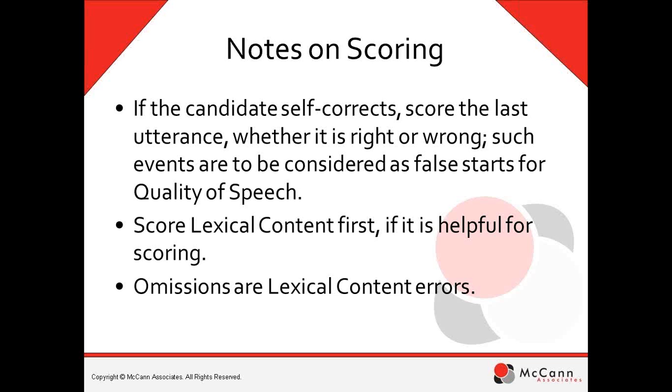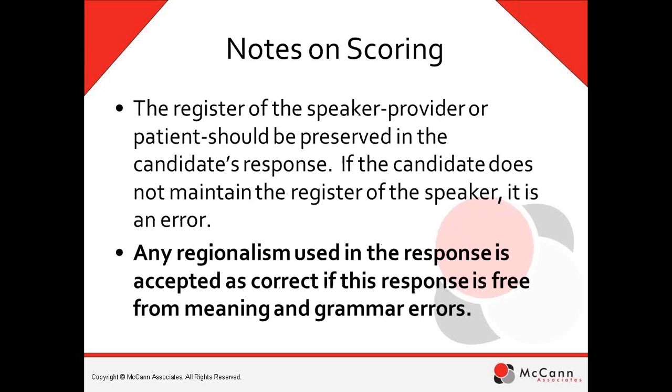Events of this nature should be considered as a false start when rating for the quality of speech domain. If you find it helpful to do so, score the lexical content domain first. And finally, please keep in mind that omissions should be scored against the lexical content domain. Omissions are lexical content errors.